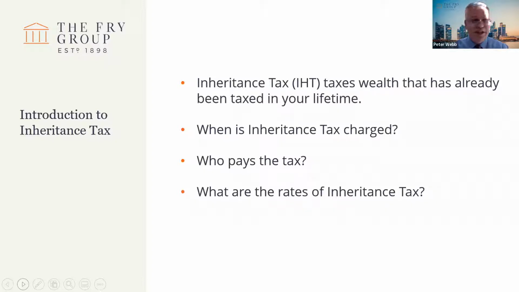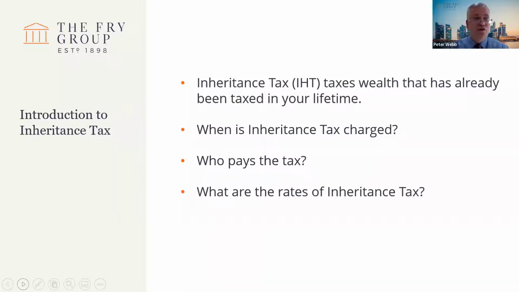There are some circumstances where inheritance tax can be paid by instalments, and that can help. There is an inheritance tax return that may need to be completed, and if an inheritance tax return does need to be completed, that's due to be filed 12 months from the end of the month of death or transfer to a trust.